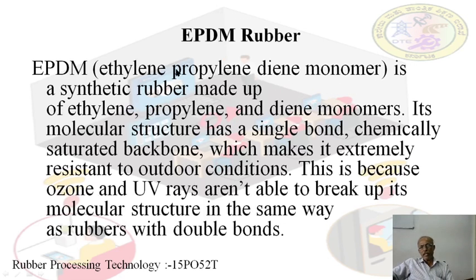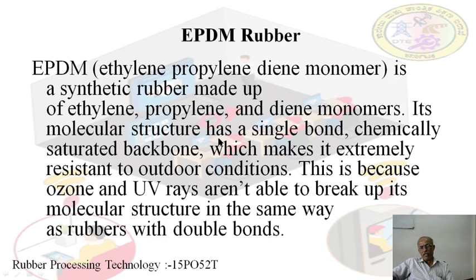Next comes EPDM rubber. So EPDM, that is ethylene propylene diene monomer, is a synthetic rubber made up of ethylene, propylene and diene monomers. ASTM designates this rubber as M class rubber.